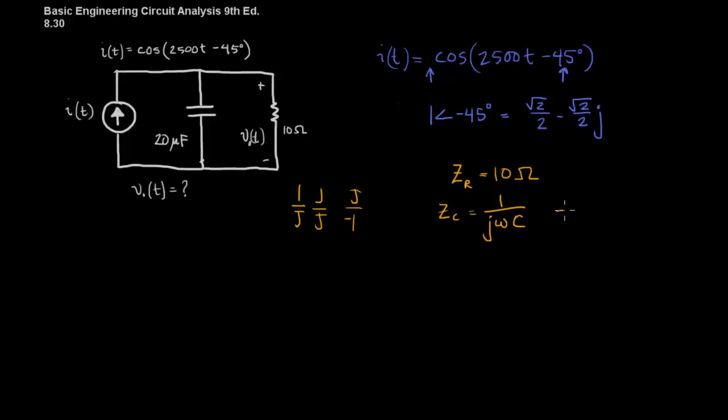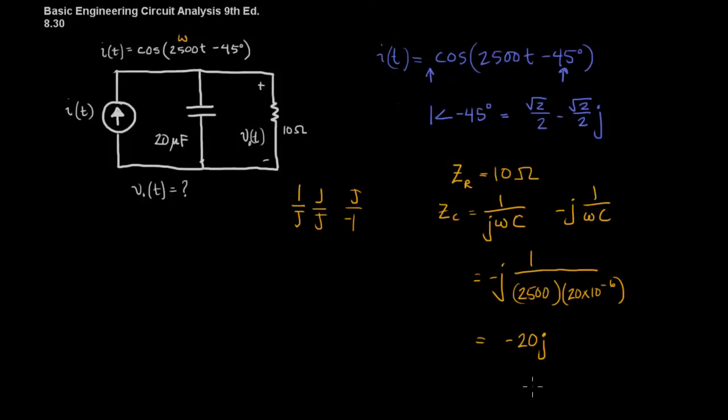Okay, so this is negative j times 1 over omega C, which is negative j times 1 over omega, this is omega right here, 2500, times 20 times 10 to the negative 6 for 20 microfarads. And if you work that out, you'll find that this is minus 20j.